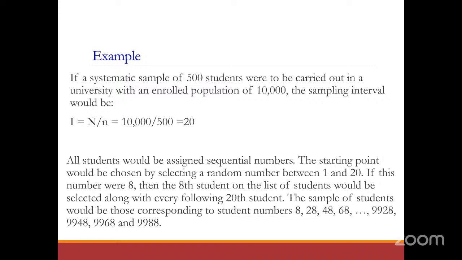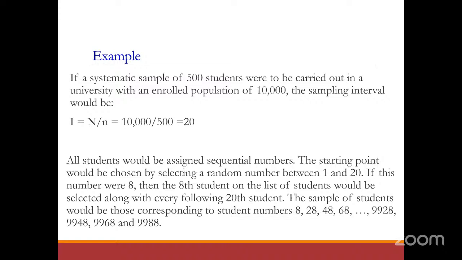We have the information of the whole 10,000 students, and we will collect the information of the students based on this interval of 20. At first, which student will be included in the sample? We will select a random number between 1 and 20, this interval.